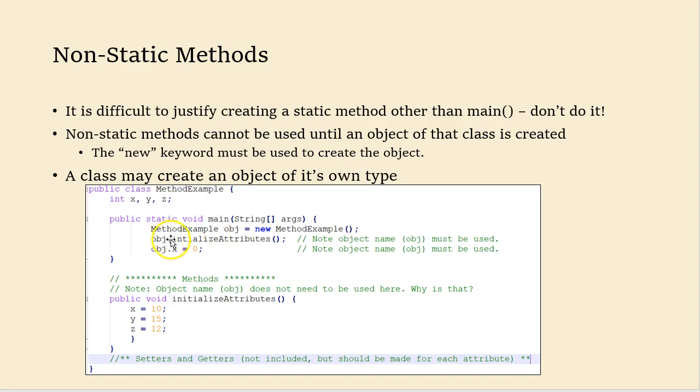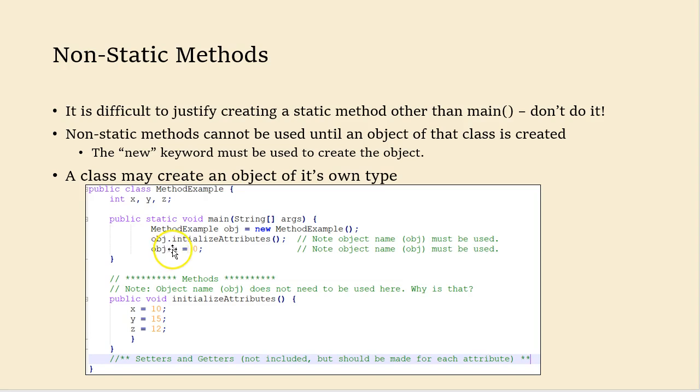So I say obj.initializeAttributes, that's the method. There's the method down here. Notice I had to do it this way, obj dot. I have to say the name of the object and then the method. What I'm saying is, look, there's an object called obj, its type is MethodExample, and inside that class there's something called initializeAttributes.